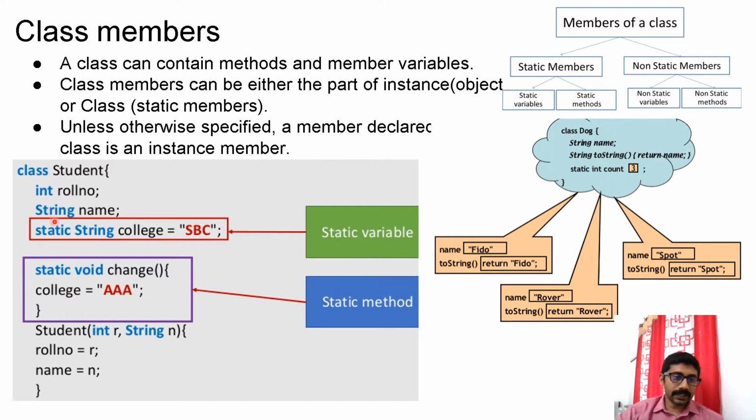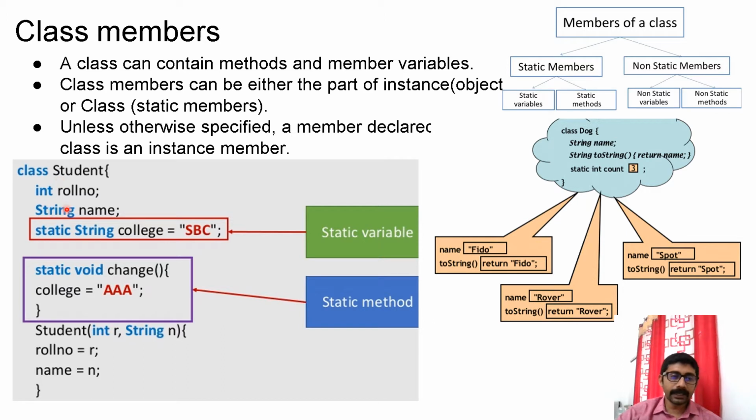Let us see one example for the class Student. This class name is Student and it has one integer attribute roll number, one string attribute name, and one static string college name. This has the keyword static, which means it has classifier scope.